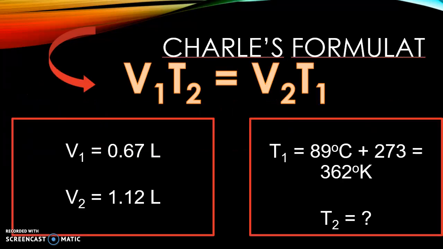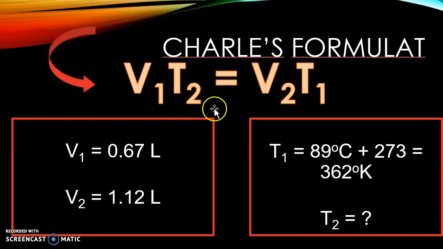So again, let's look at that. V1 is 0.67 liters, V2 is 1.12 liters, and of course, T1 is 89 degrees C, but you have to put it in Kelvin. So I added 273 here, so that makes it 362 Kelvin, and we're looking for T2. So we're solving for T2.